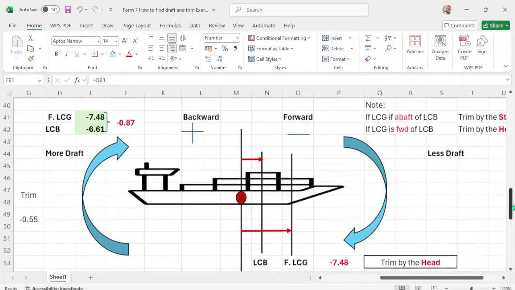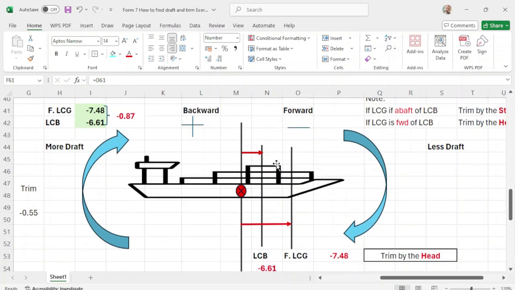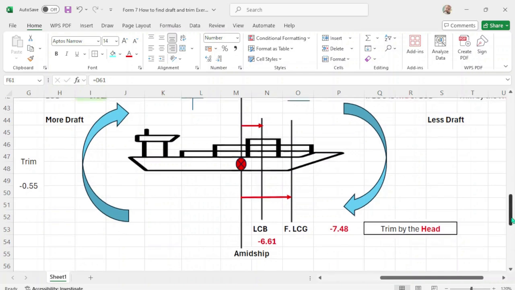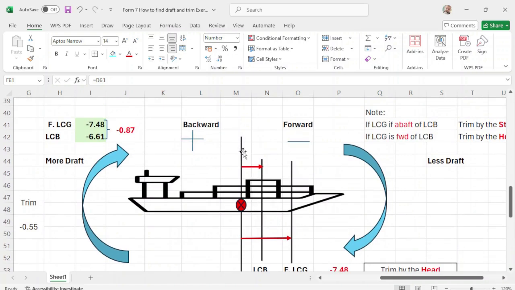Following this diagram, this is your vessel, and this is the amidship of your vessel. From amidship, moving forward, that will be negative. From amidship, going backward, that will be positive.